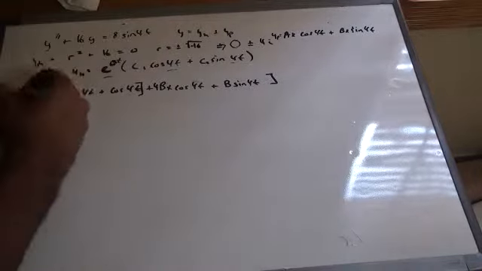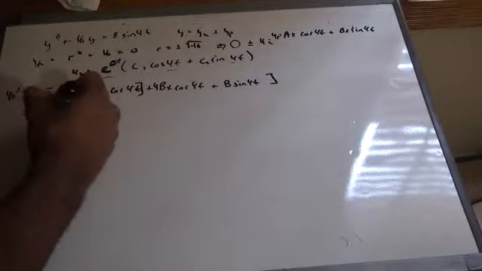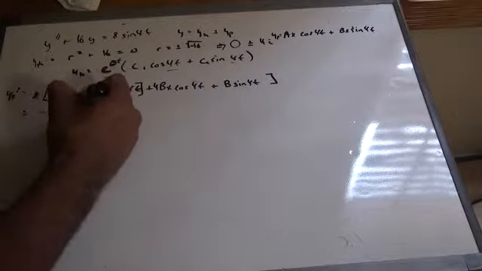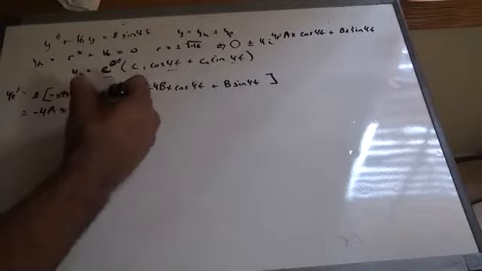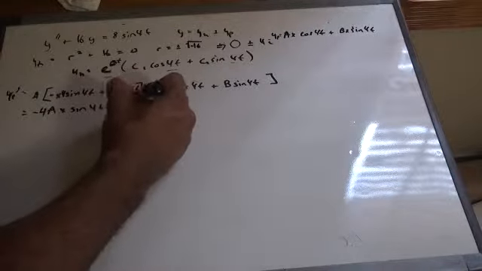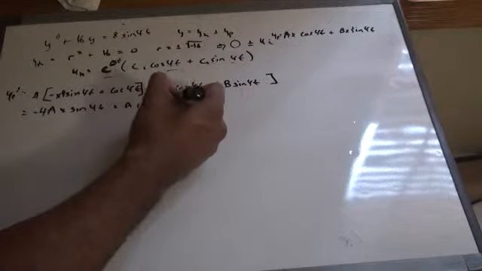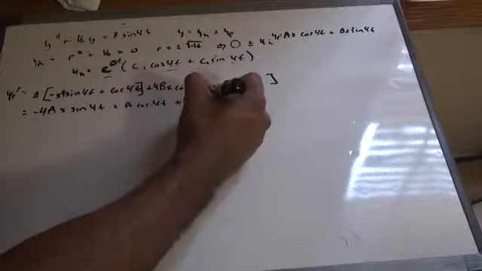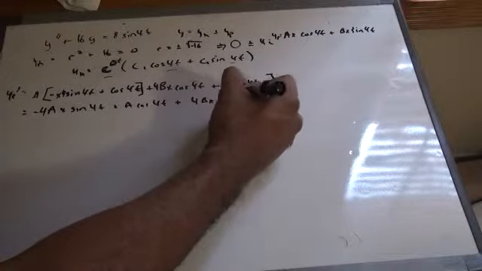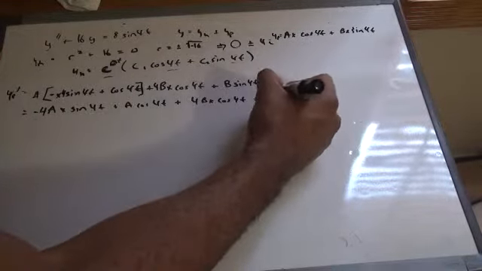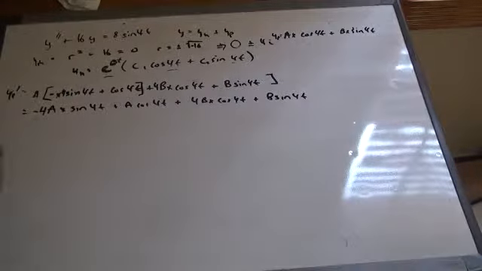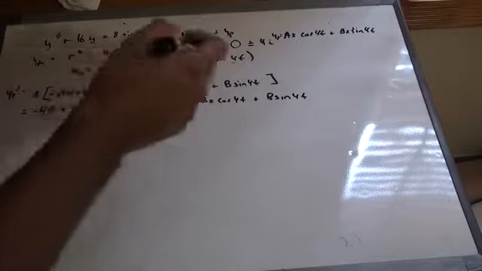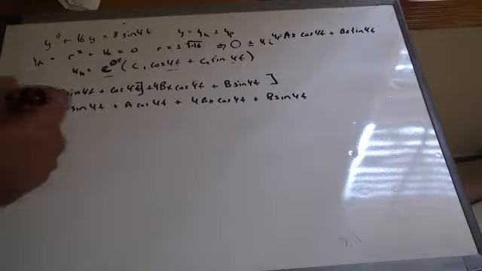So let me rewrite this. Negative 4ax sine 4t plus a cosine 4t plus 4bx cosine 4t plus b sine 4t. And getting these signs correct is critical, so you have to make sure that those are correct.